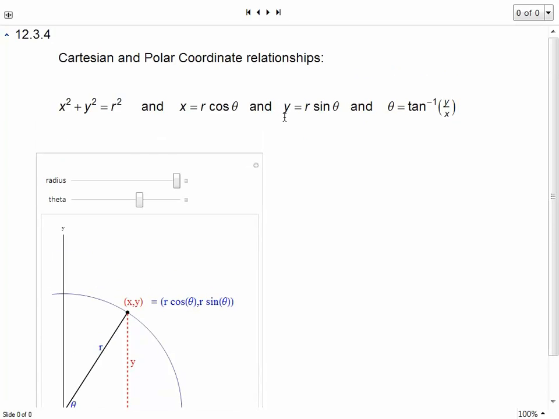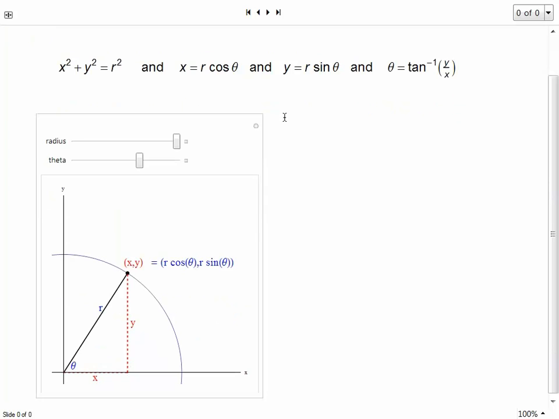Now, if we do that, we create a relationship between Cartesian and polar coordinates. So what's Cartesian? Cartesian is (x, y), right? Or in three-dimensional space, Cartesian is (x, y, z). So how do we convert from Cartesian to polar? Well, by looking at our triangle here that we create, we have the Pythagorean identity that says x squared plus y squared is r squared. So that's our first relationship between x, y, and r.